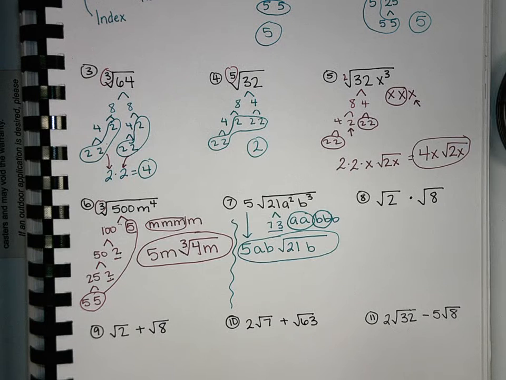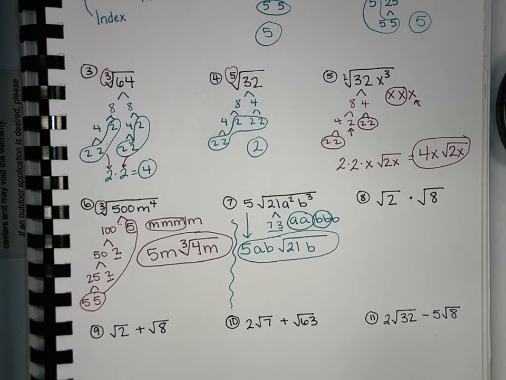Something else when we're doing these radicals, how many of you know all your perfect squares up to 12? Do you know what I mean by that? Anyone not know what I mean?